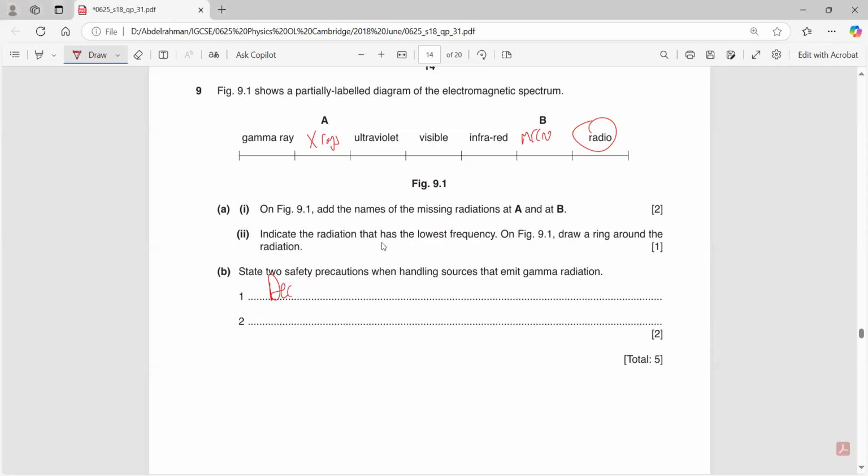Don't hold it with your hands. That's not actually a precaution, but you can use long tongs, as we say. Use a protective barrier.